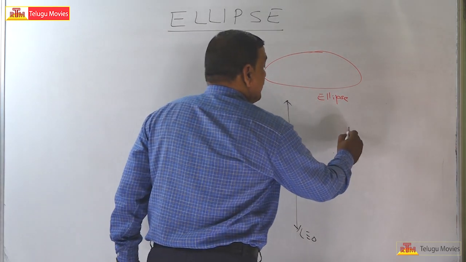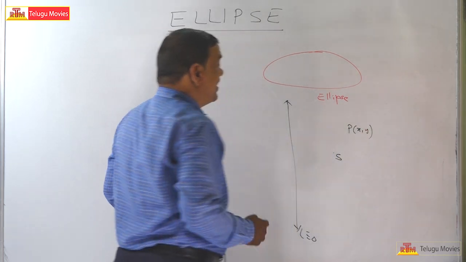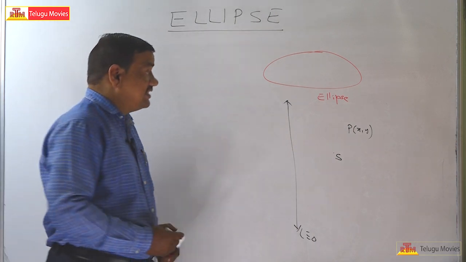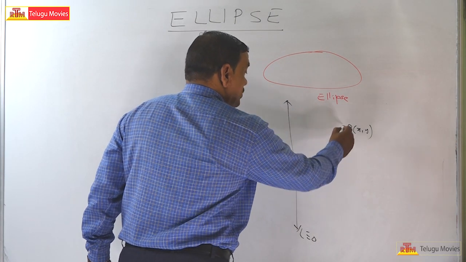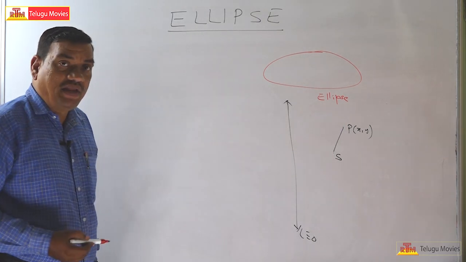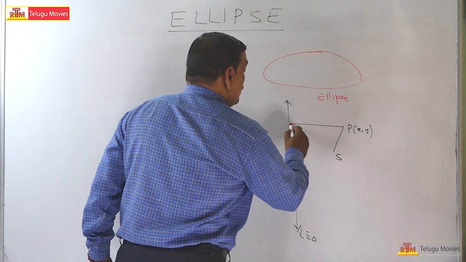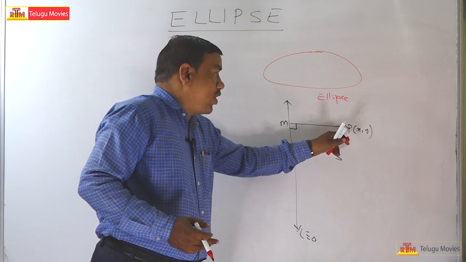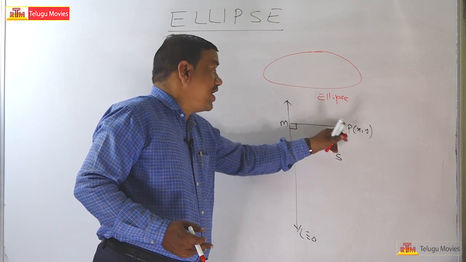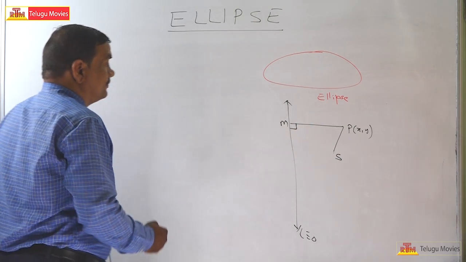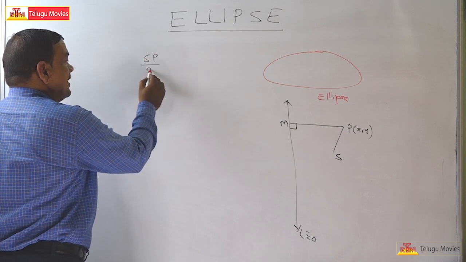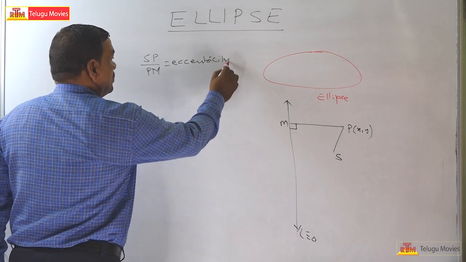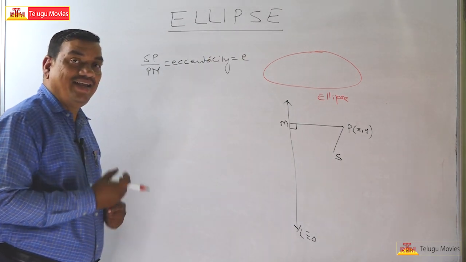Let P(x, y) be a variable point, moving anywhere, such that the ratio of the distance SP to the distance PM from P to the line is called the eccentricity.